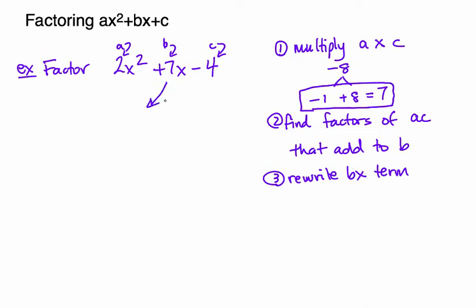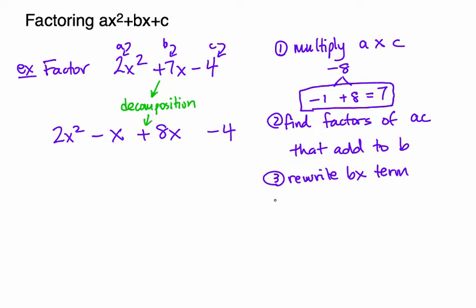We take this 7x term and rewrite it. So I keep this 2x squared, and I keep the minus 4, but rewrite this middle term as minus x plus 8x. This part here is your 7x, it's just being rewritten. This step is called decomposition, because we're decomposing 7 into 2 things.